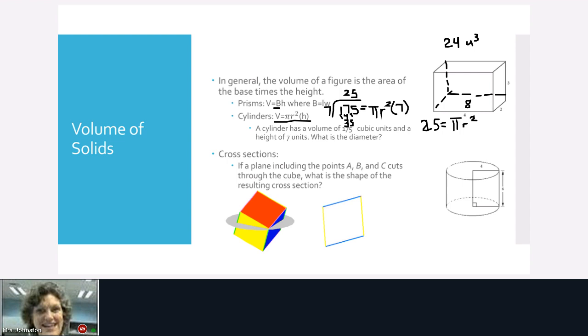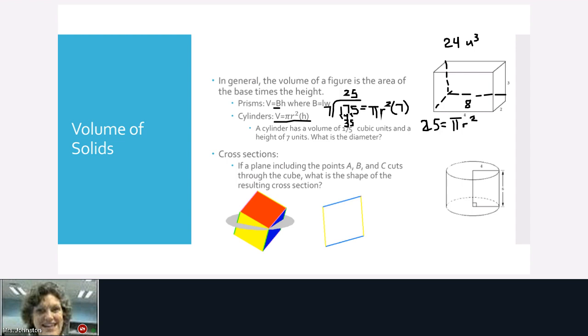Now at this point, I could do a couple of different things. I could divide 25 by pi, and this one doesn't tell me what to use. So if I had to divide 25 by, say, 3.14, hang on while I grab my calculator.